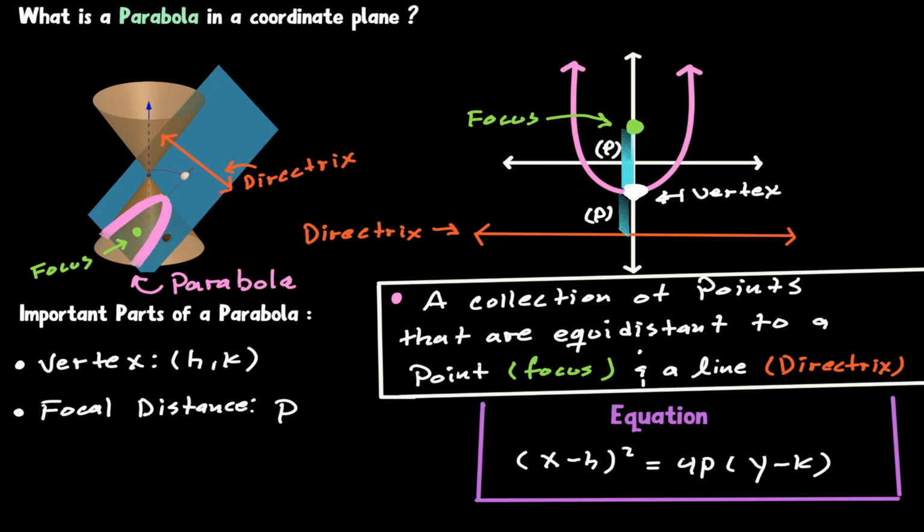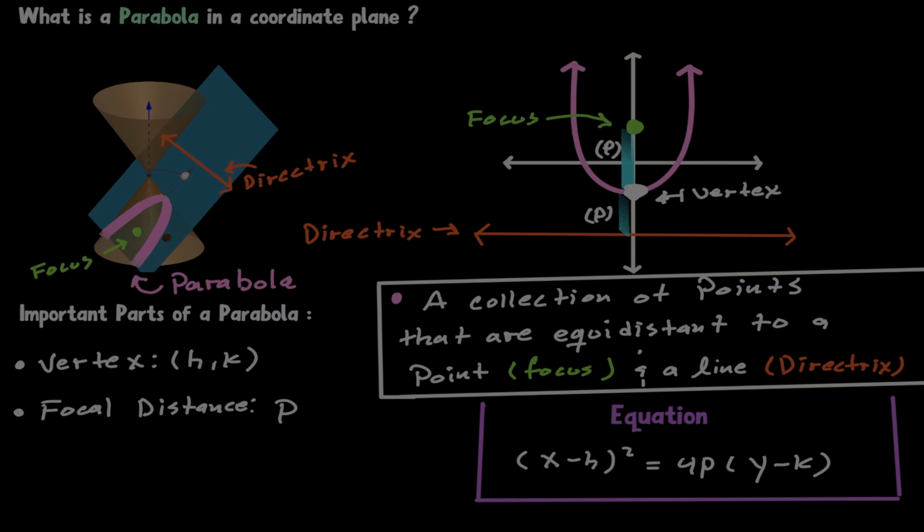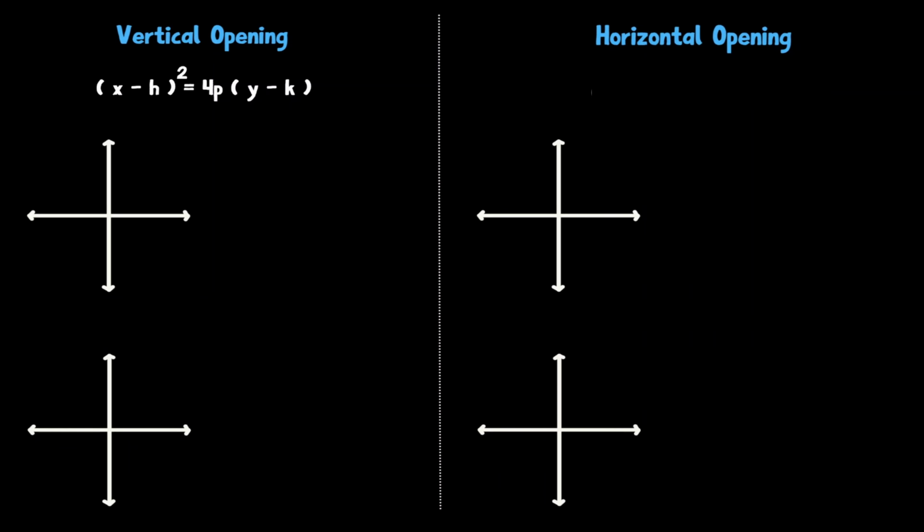Now let's show the equation of other parabolas if we were to change the direction of the opening. Right now, we have only discussed a parabola which is opening upward. So if we have a parabola that is either opening upwards or downwards, we can use the equation that we had defined previously.